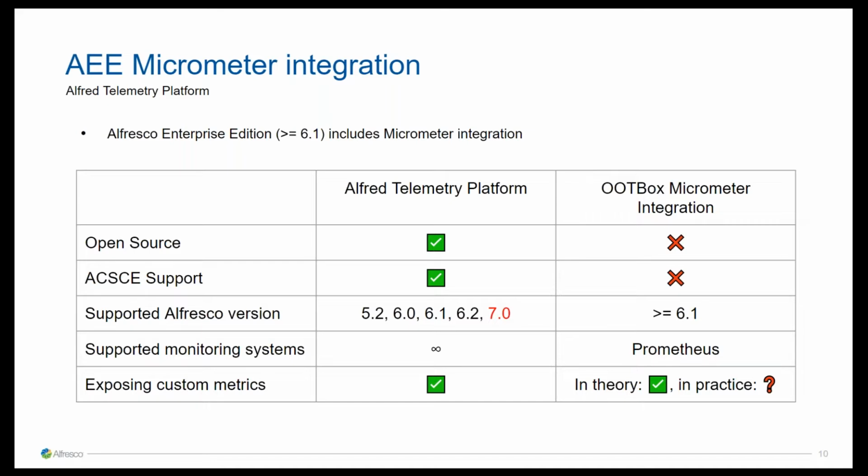Whereas the out-of-the-box Alfresco integration only exposes metrics to Prometheus. So even though Micrometer supports numerous more monitoring systems, the implementation in Alfresco is tightly coupled with the Prometheus monitoring system. And last, an important functionality for us is exposing custom metrics.